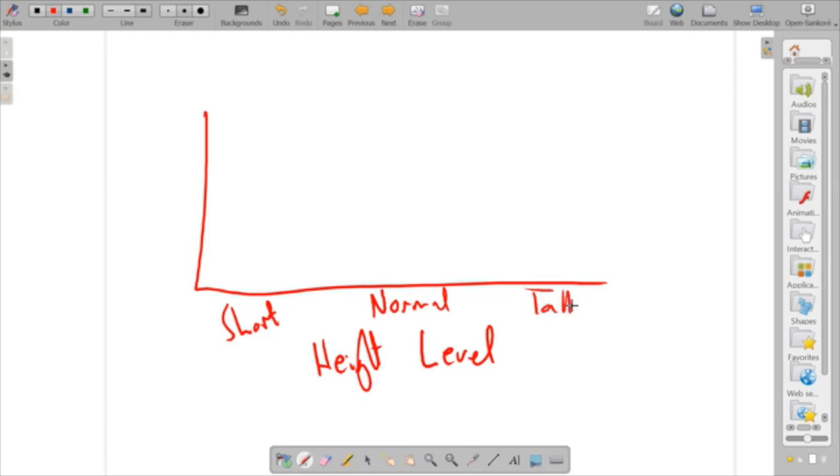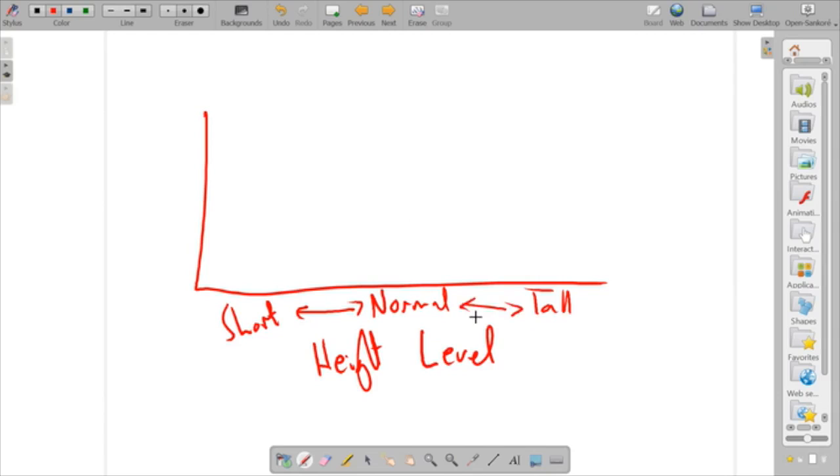I don't mean to say that if you're short you're not normal, or if you're tall you're not normal. It just so happens I'm normal. But what we can't say, without any other information, is what the interval is between short and normal, or the interval between normal and tall, because they could be defined arbitrarily.